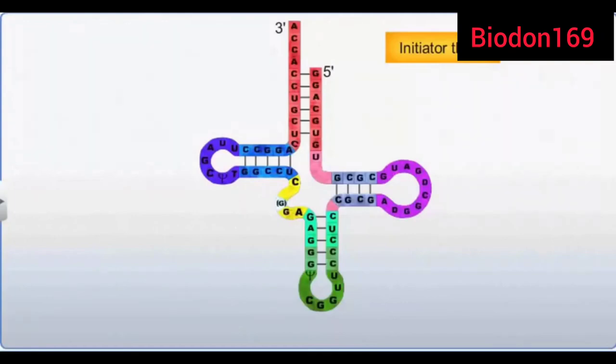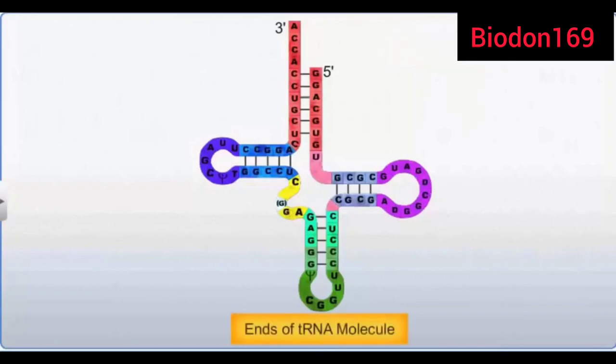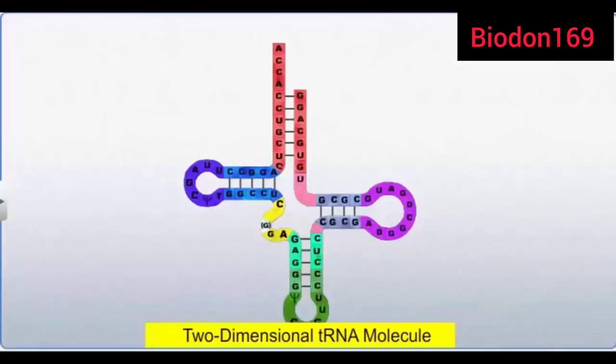Each tRNA has G at its 5' end and CCA at its 3' end.